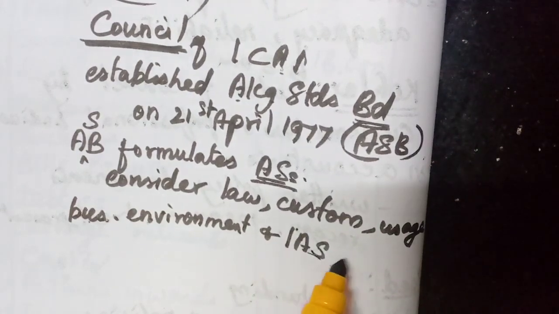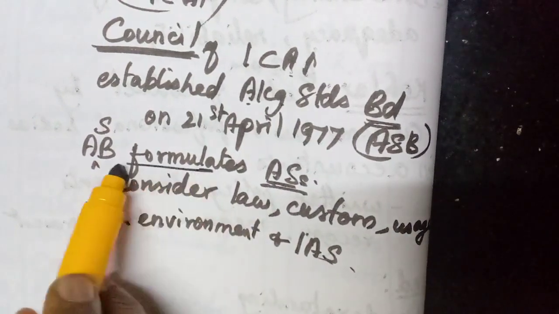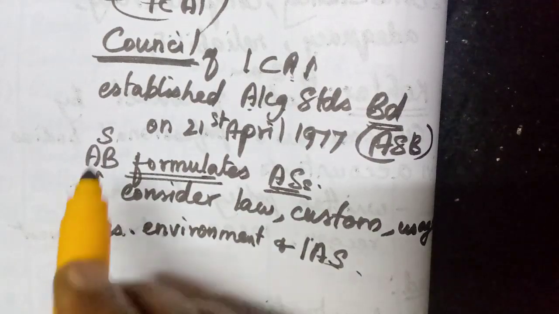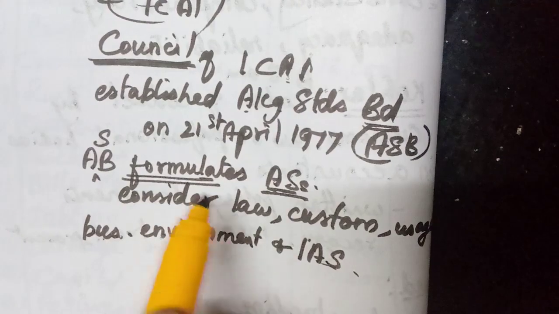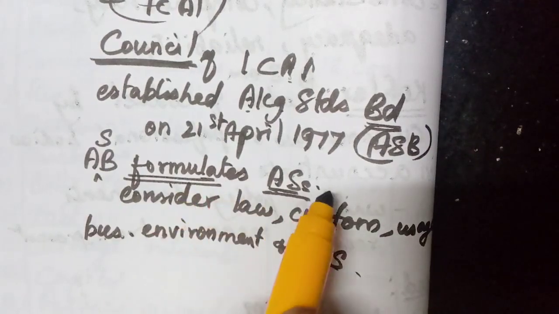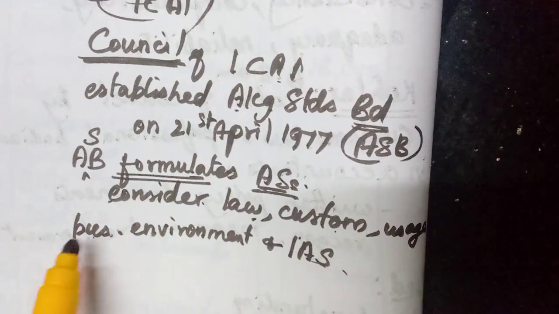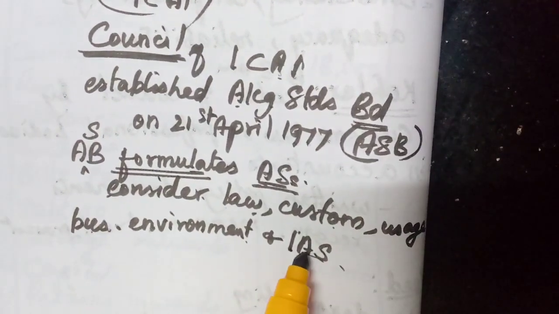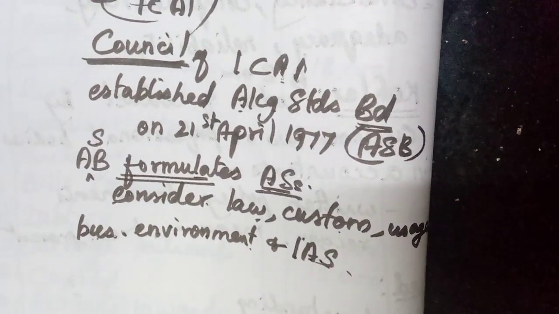When they formulate the accounting standards, they will consider the law, custom, usage, then business environment, and finally the international accounting standards published by the international board.